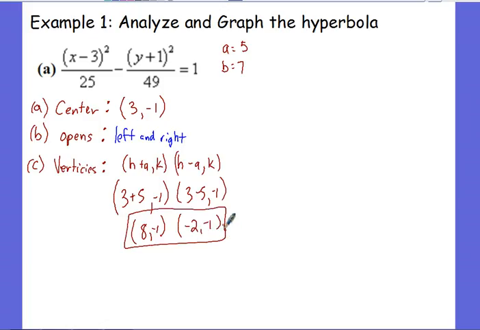Does everybody see how I found that? So basically, to find the vertices, you just use that little formula. I knew my h was 3. I know my a is 5, so I'm going to add 5 and subtract 5 from my center, basically. You with me?